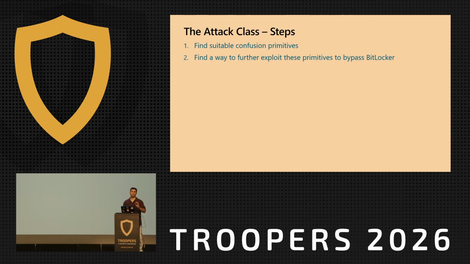We knew as part of this research that WinRE does query sensitive files from the target volume, but this attack class was not something anyone had previously explored, so it was also our focus to prove that something meaningful can happen by controlling these files. Essentially, we needed to bypass BitLocker with it. We couldn't just say it happens and fix it. We needed to actually prove that it can bypass BitLocker.